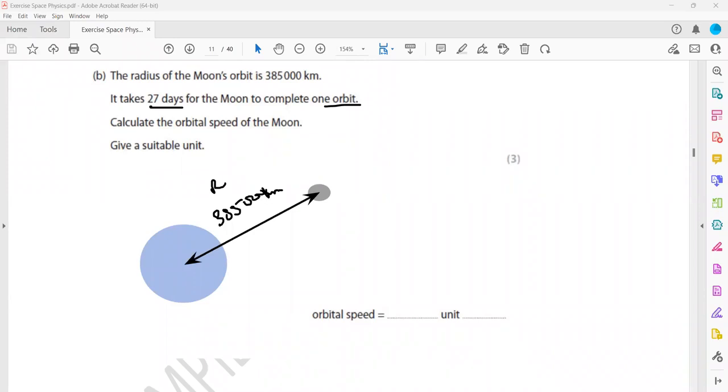It can be kilometers per hour as well, but the answer will be different for each. They did not specify, the question just says give a suitable unit. So the unit is just what you represent.